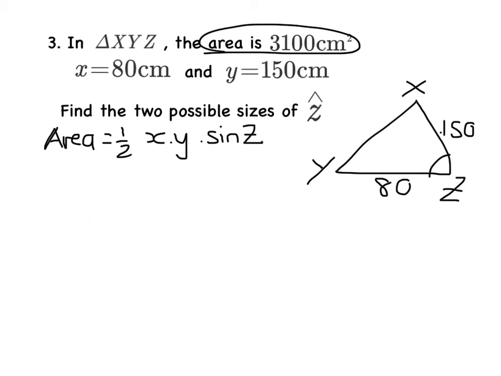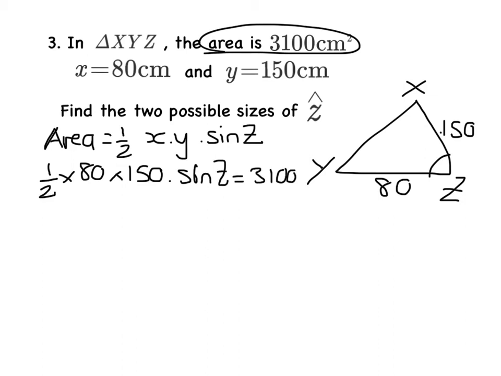Let's just start with the half this time: a half times little x times little y times sine z, which we don't know, equals 3,100 centimeters squared. Now what we're going to do is just simplify the half times 80 times 150, and that gives me 6,000.